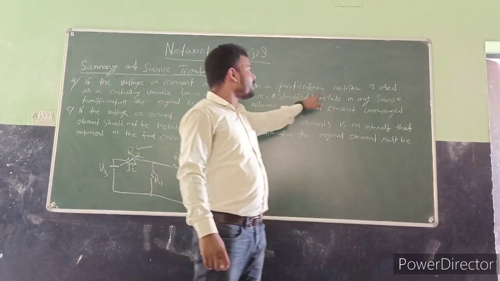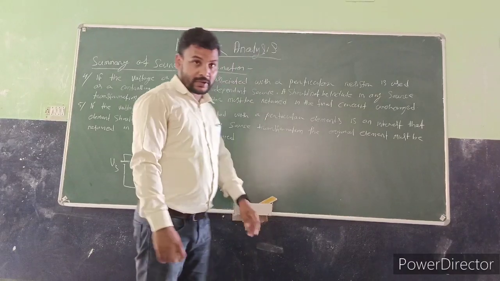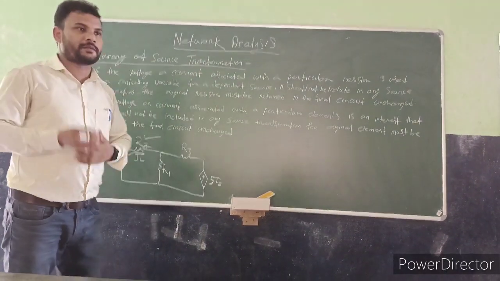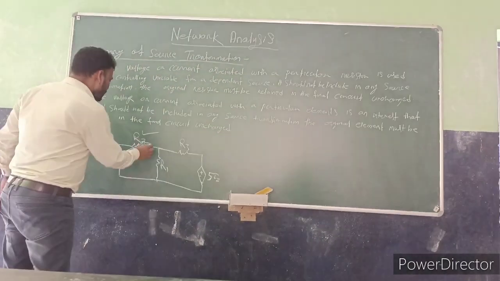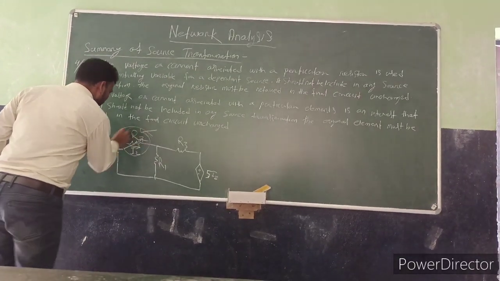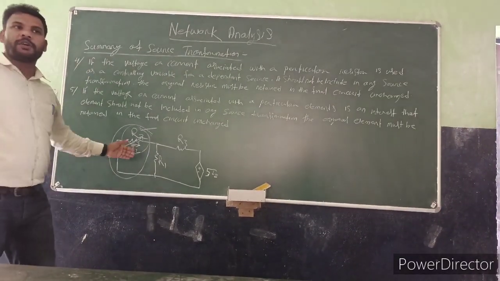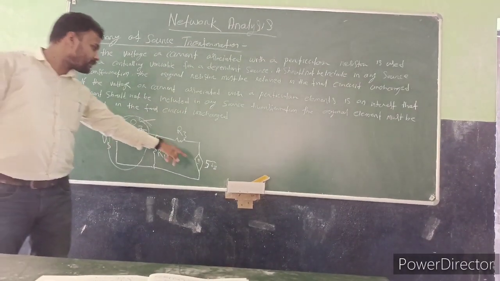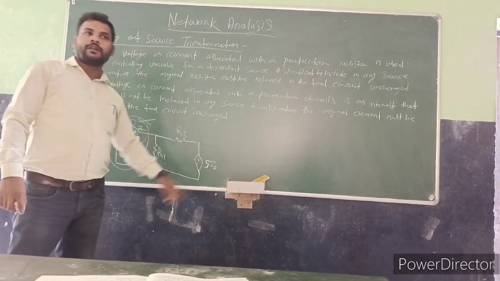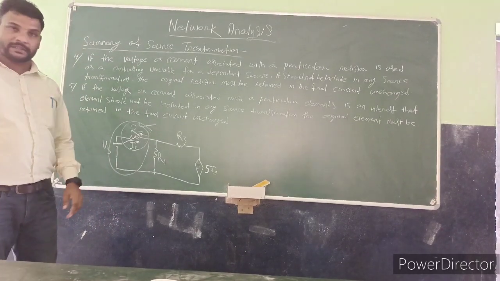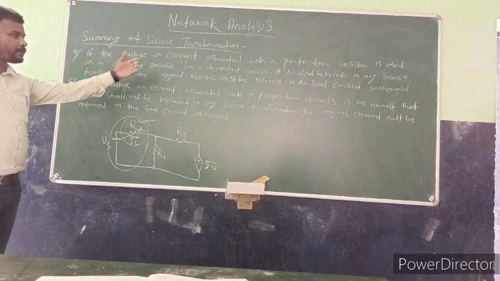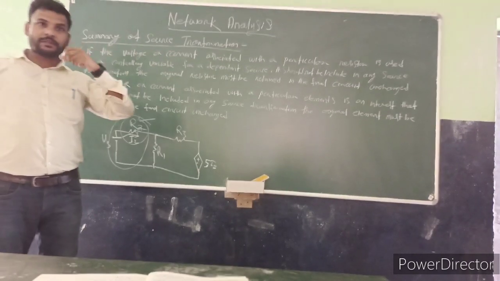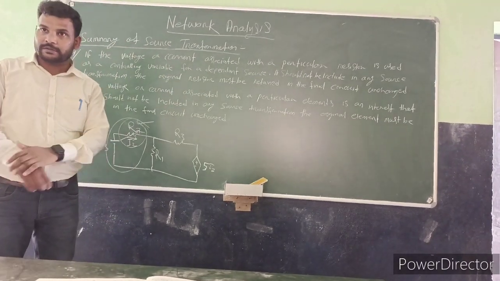So it should not include any source transformation. If we apply source transformation in the circuit, we should not apply it here. We cannot use voltage source to current source transformation because this R2 resistor is controlling the dependent voltage source. Similarly, the controlling element of a dependent voltage source.